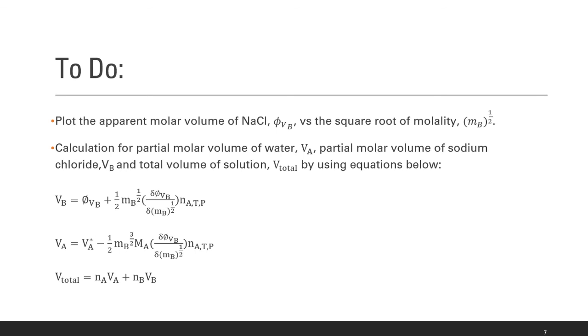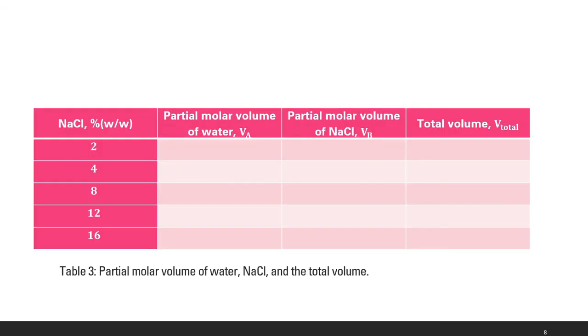Once you have done that, this is another table you have to fill in. What are the partial molar volumes of all these at different concentrations? When you get this, clearly there is a trend that you will see.